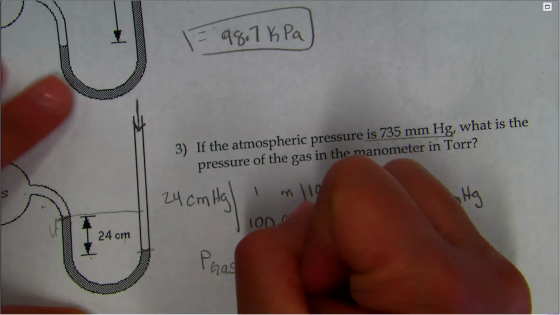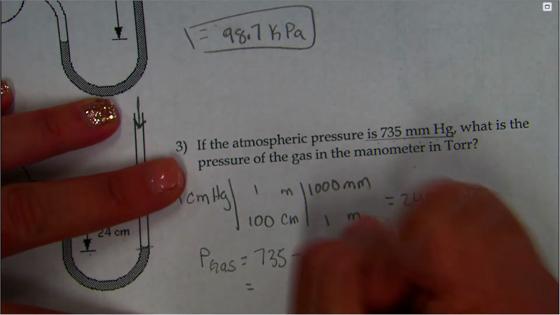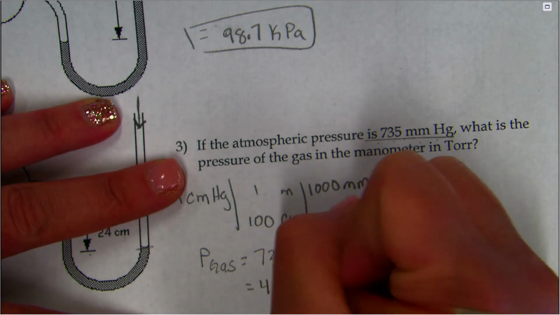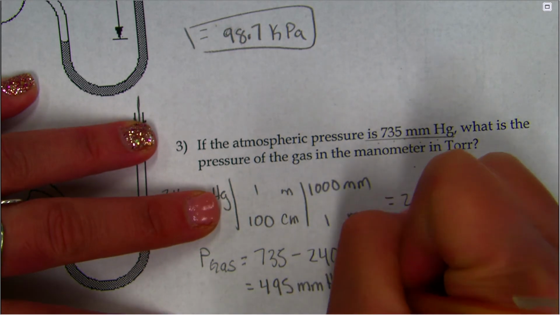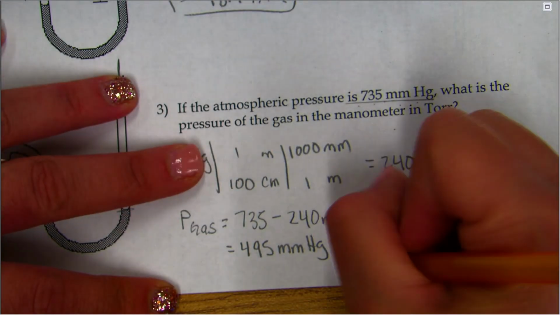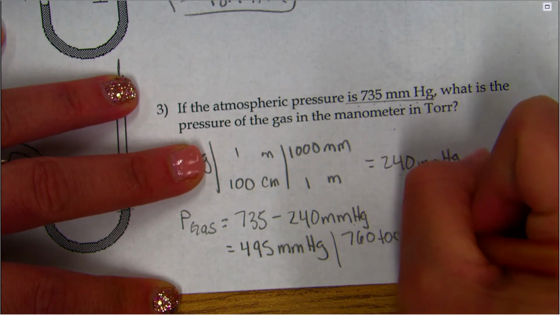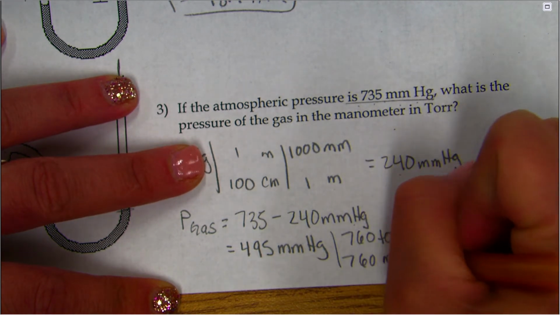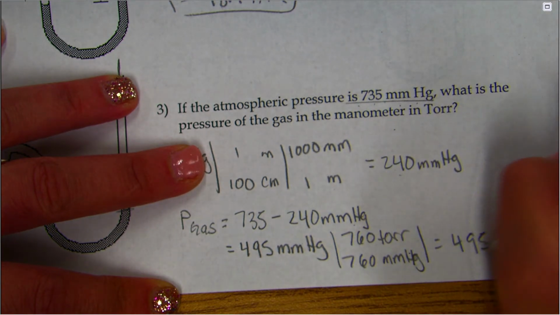And so the pressure of the gas in this case is going to be 495 millimeters of mercury, which I have to convert into torr. So it is 495 torr.